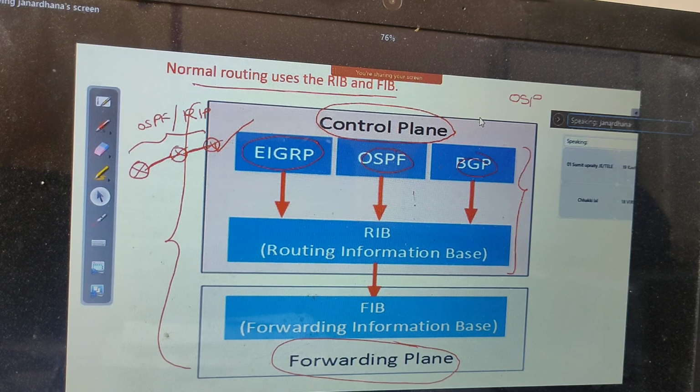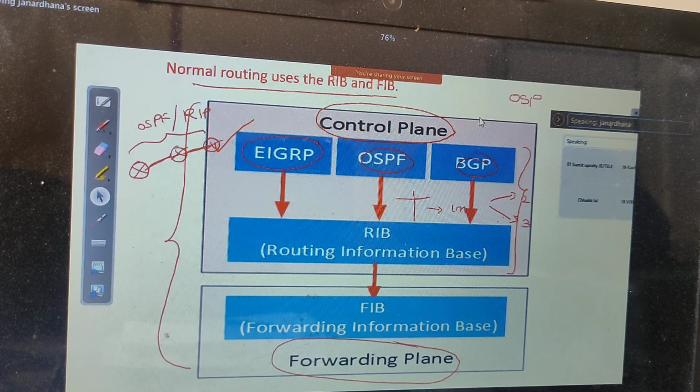So the table will be made. In the table, the path is selected based on the number of hops, the bandwidth, or whatever the protocol metric is. So it will take the decision, and based on the decision it will identify the interface, whether it is interface number 2 or interface number 3.